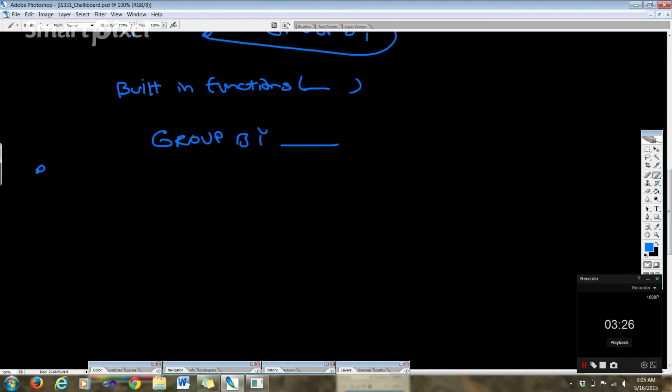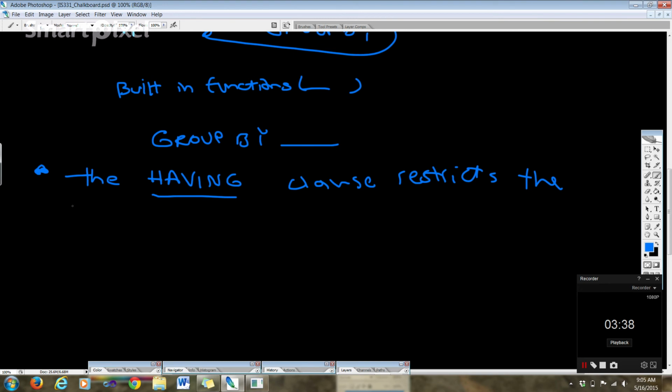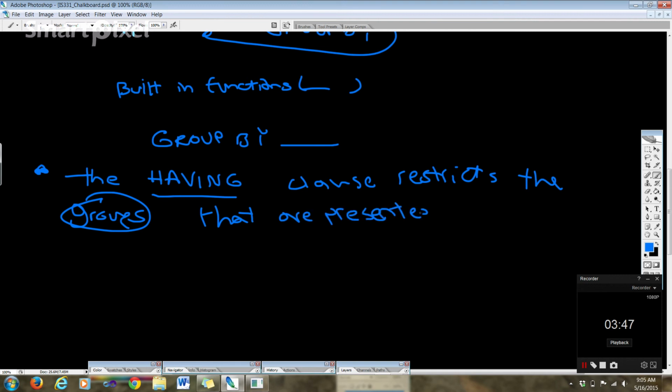Okay, and we said we were going to mention having later on. Well, now we're mentioning having. The having clause restricts the groups that are presented in the result.